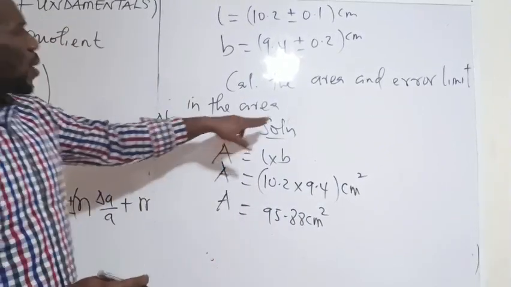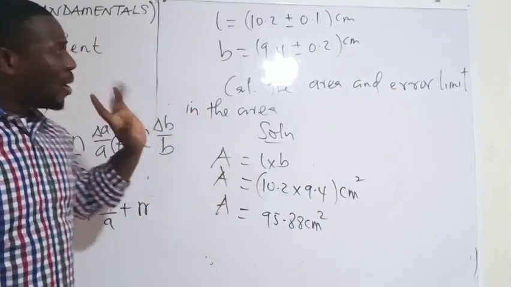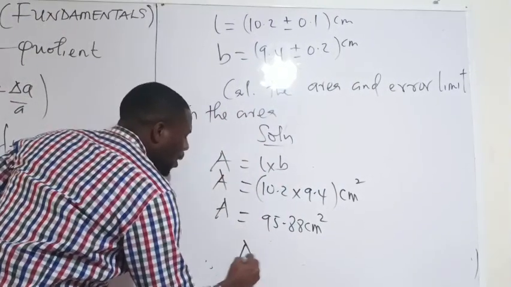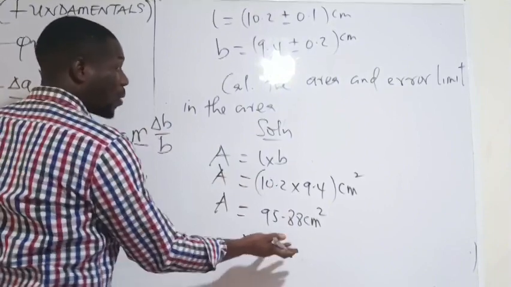But I'm interested in knowing what the area and the error limit are. So the error limit is simply the absolute error in the area.